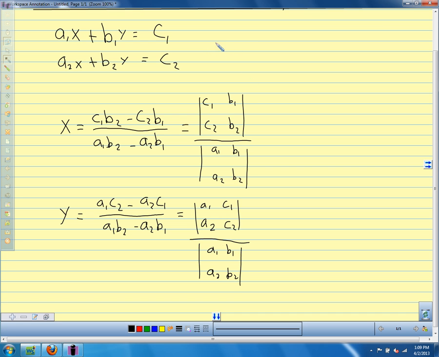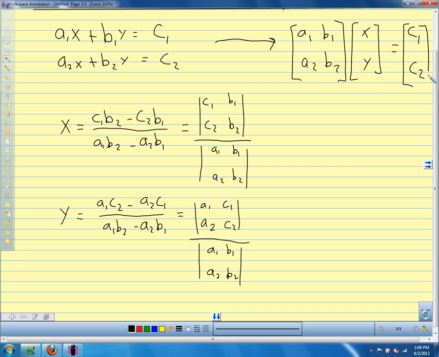Well, if I write this as a matrix equation, my matrix equation is A1, B1, A2, B2 times x and y equals C1, C2.